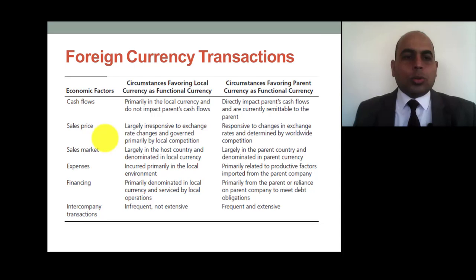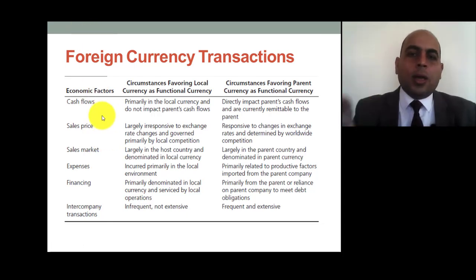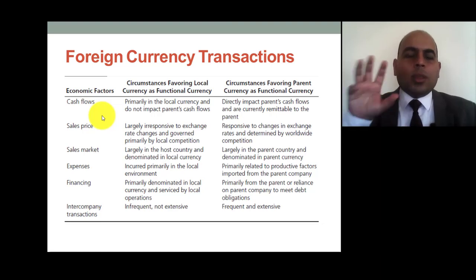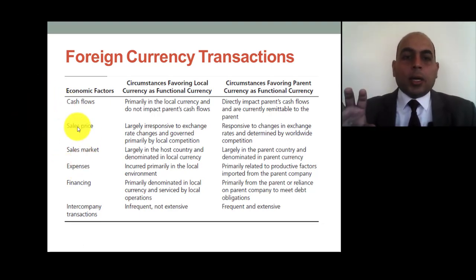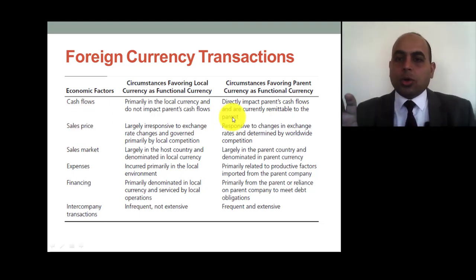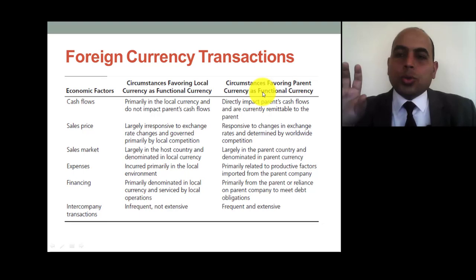Also, the economic factors that influence choosing the functional currency include sales price, how we determine the sales price. If it is responsive to changes in exchange rate, we will be in favor to choose parent currency as functional currency.